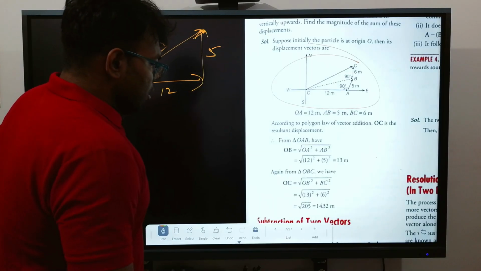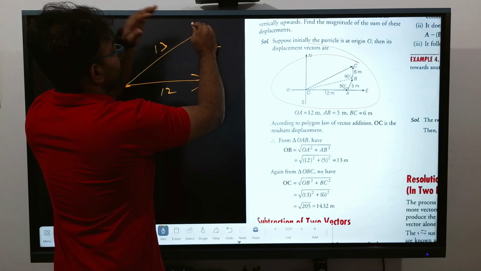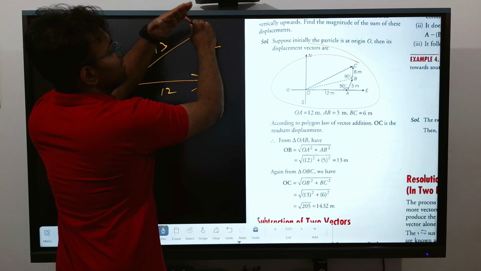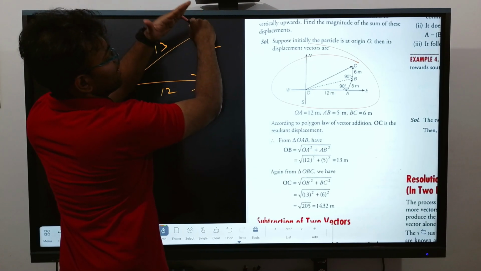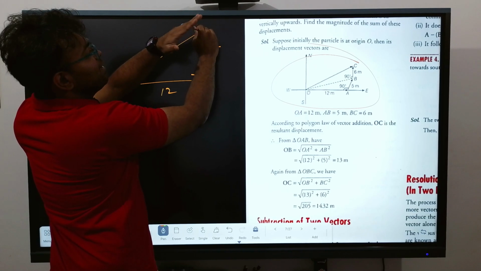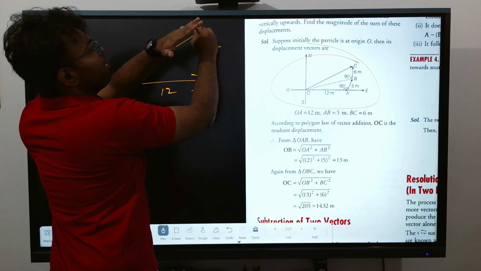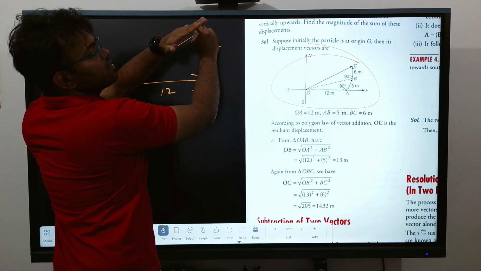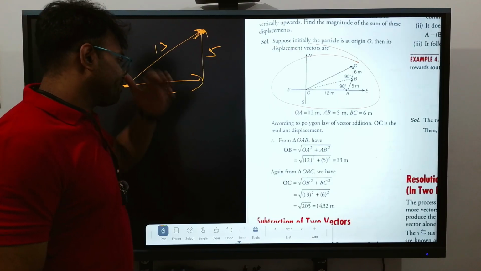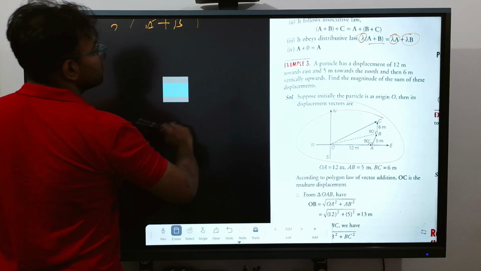So this vector, can you see my hand? This vector like this, the magnitude of this vector becomes the square root of 205, which is 14.3. Clear? This is how you add two vectors. Understood?